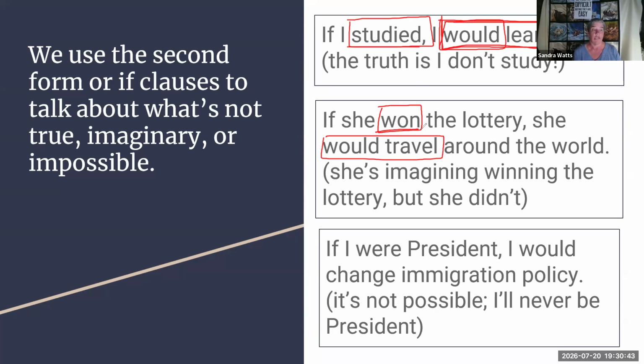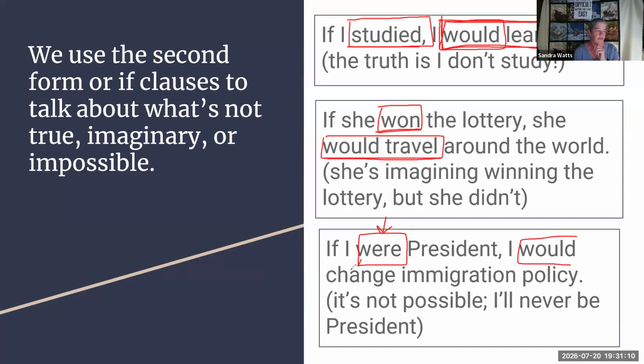If she won the lottery, but she didn't. And that's how we know it's not true, because that's in past. She would travel. If I were president, we're going to talk about this in a minute because the verb be has a special rule.